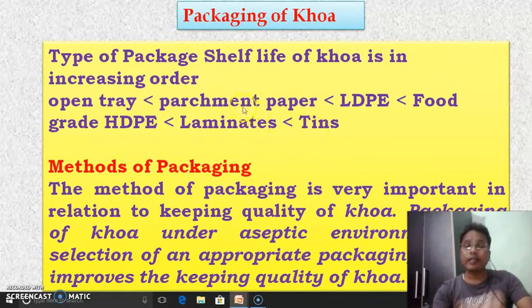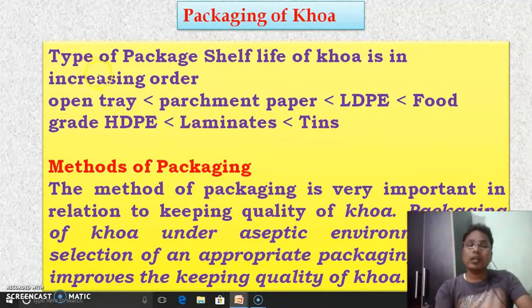And again, if we use the laminates, the keeping quality of Khoa will be increased for more days. And if we use tins as a packaging material for this Khoa, then again the keeping quality of the Khoa will be increased for more days.